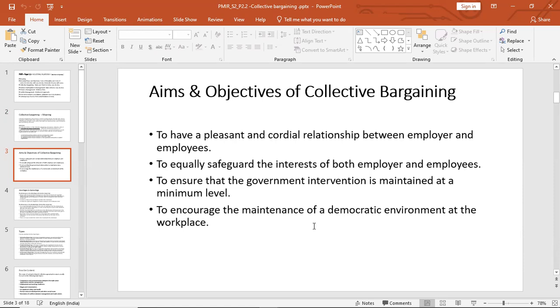The main aim is to maintain a good relationship between employer and employee, and to discuss and demand something on behalf of one party against the other party.